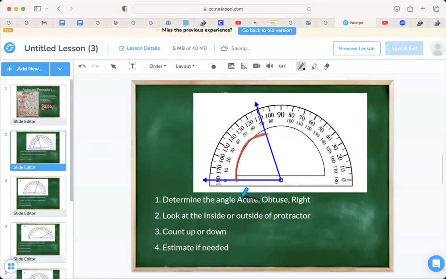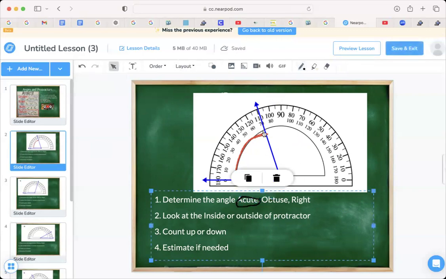I know that this is an acute angle because the space in between is very small, okay? All right, so now that I know that this is an acute angle, we have to determine if we're looking at the inside of my protractor or the outside of my protractor.